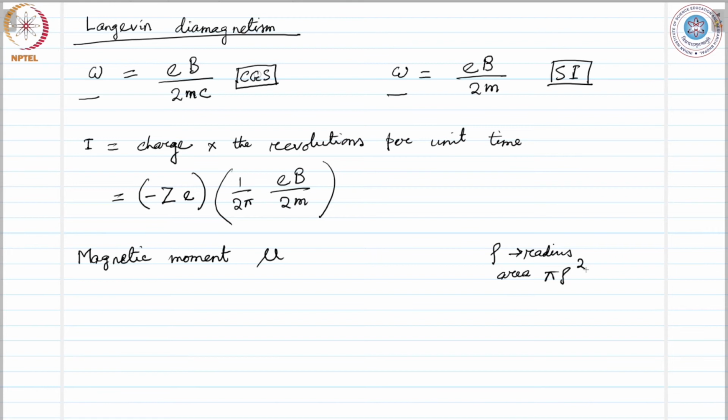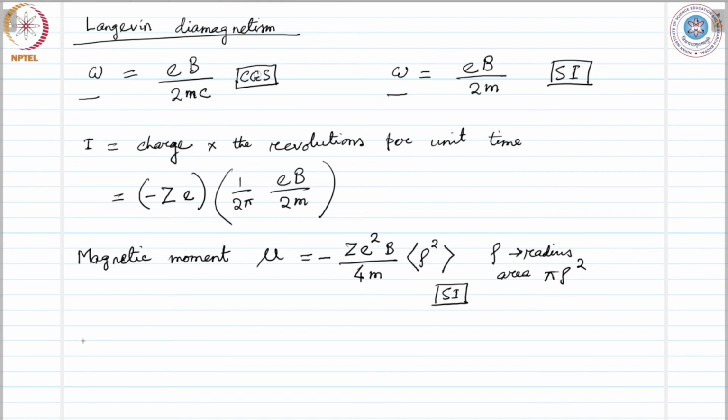Then the magnetic moment mu would become minus Ze squared B over 4m times the average of rho squared. This is of course in SI units.